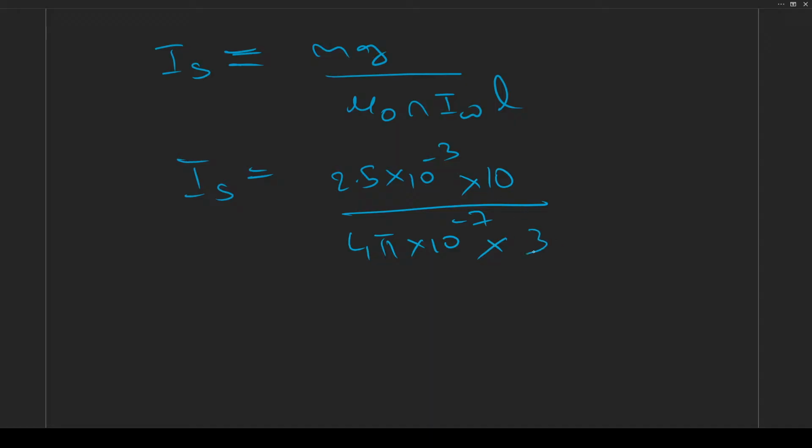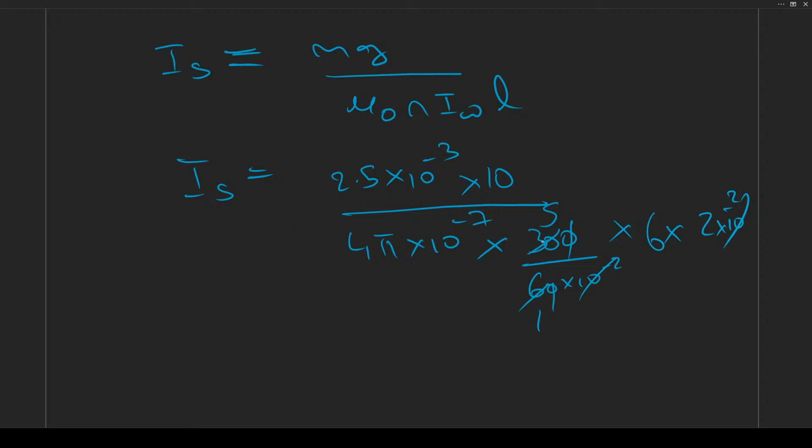So 300 by length of solenoid is 16 to 10 power minus 2, and current in the wire, which is equals to 6 ampere times length of the wire, which was 2 centimeter, 2 into 10 power minus 2. So 2 into 10 power minus 2 cancel.